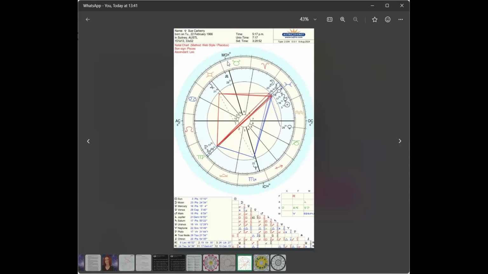So the MC is the join between number 9 and number 10. It depends on when you're born what houses are going to be there. For me, it's Taurus. But that's not actually where my career is. If you can see my work in my chart, it's actually got nothing to do with this. So career is 9 and 10.